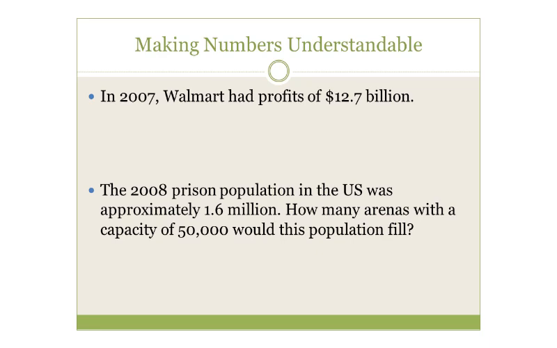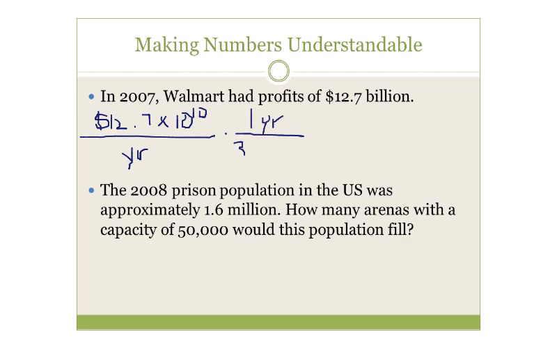Now if we take a look at Walmart, in 2007, Walmart had profits of $12.7 billion. If I wanted to convert that, 12.7 times 10 to the 10th per year, but let's take a look per second. In 1 year, there's 365 days.